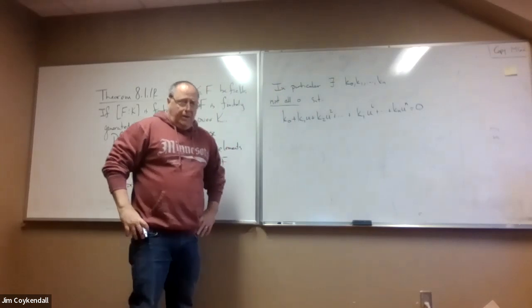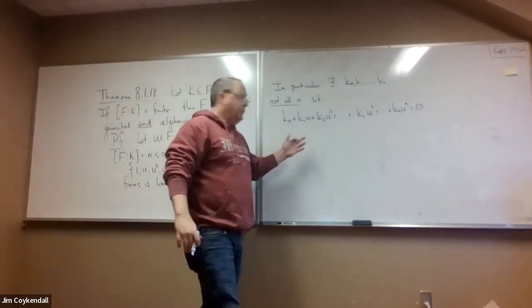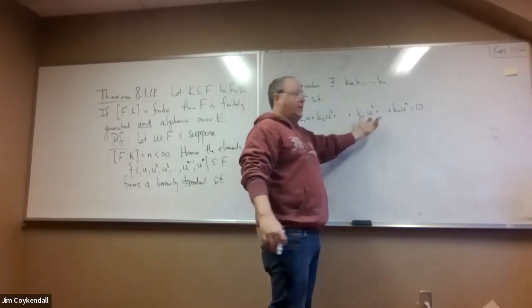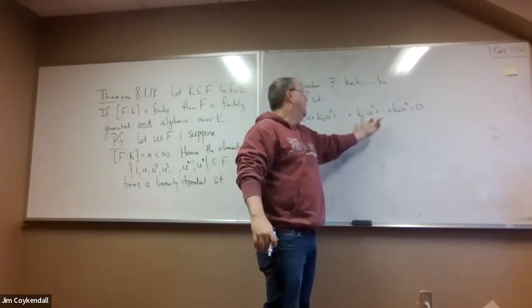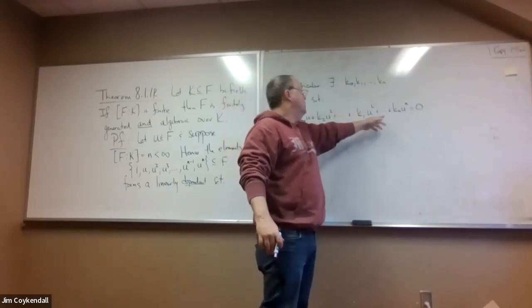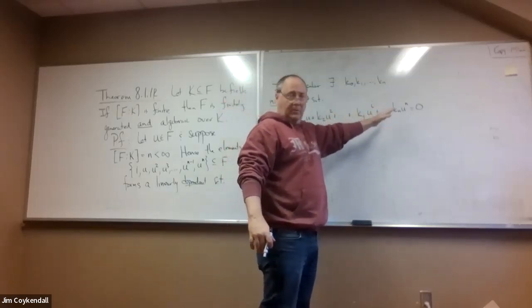So there is some linear dependence relationship with these k_i not all 0, such that this linear combination of the powers of u over K is equal to 0.